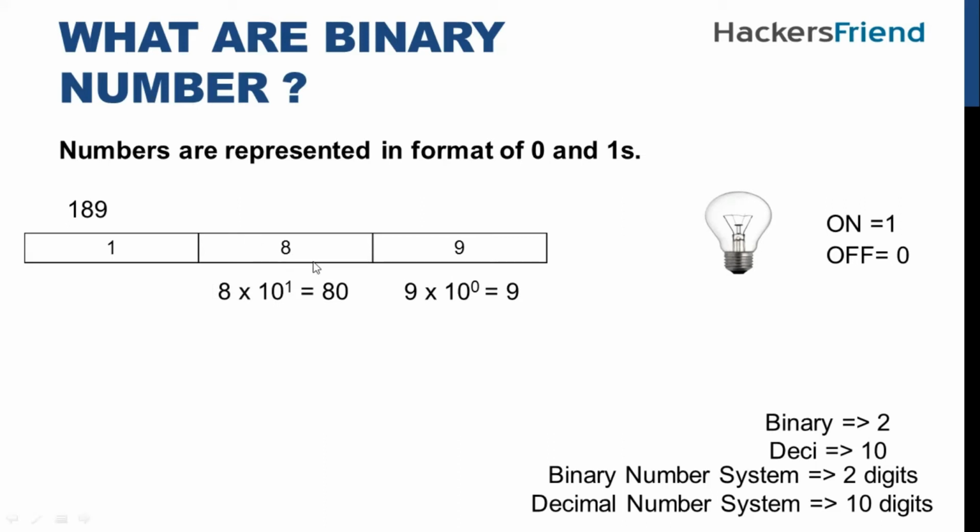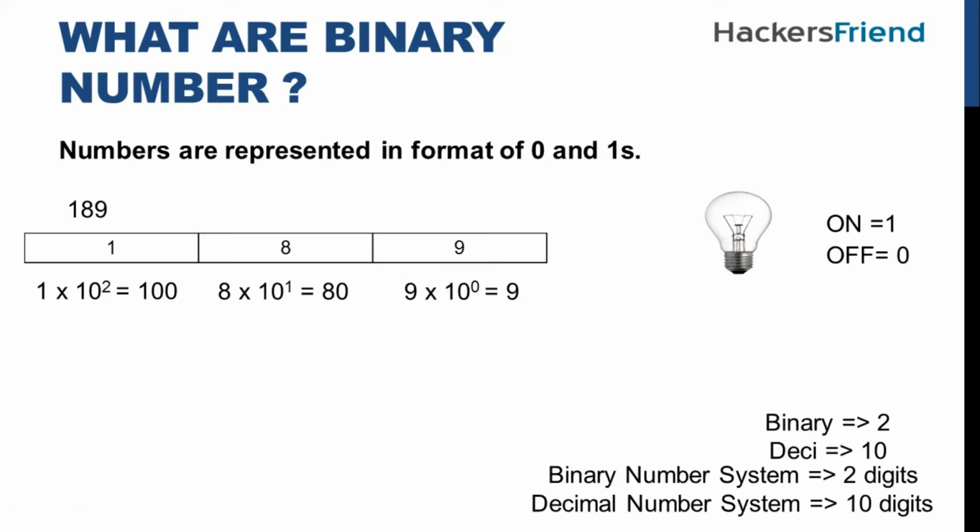Coming back to 8, it is at the tens place, so we are multiplying 8 with 10, which gives us 80. And similarly we are multiplying this 1 with 100, and this gives us 100.